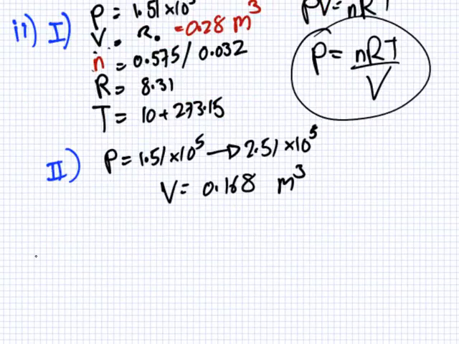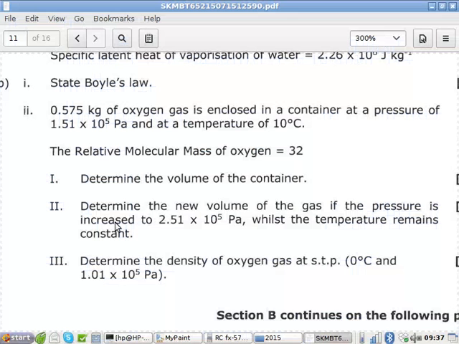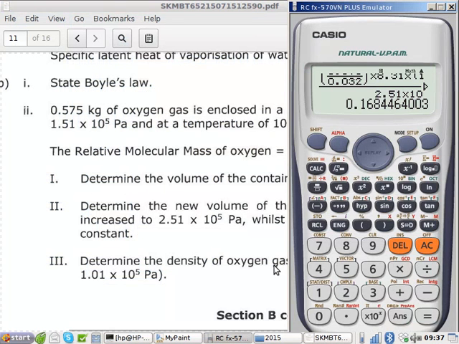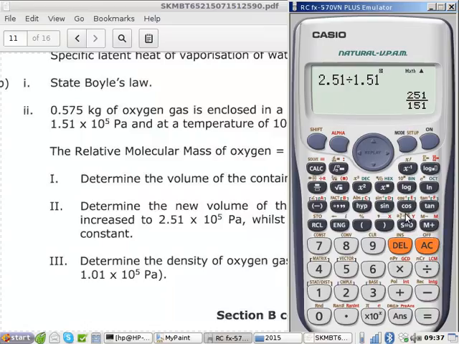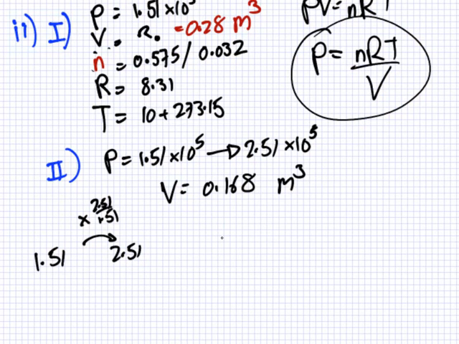If you look at how 1.51 times 10 to the 5 increased to 2.51, that has become 2.51 over 1.51 times bigger. It's become about 66% bigger. If you want to think about it like this, the pressure has been multiplied by 1.66.